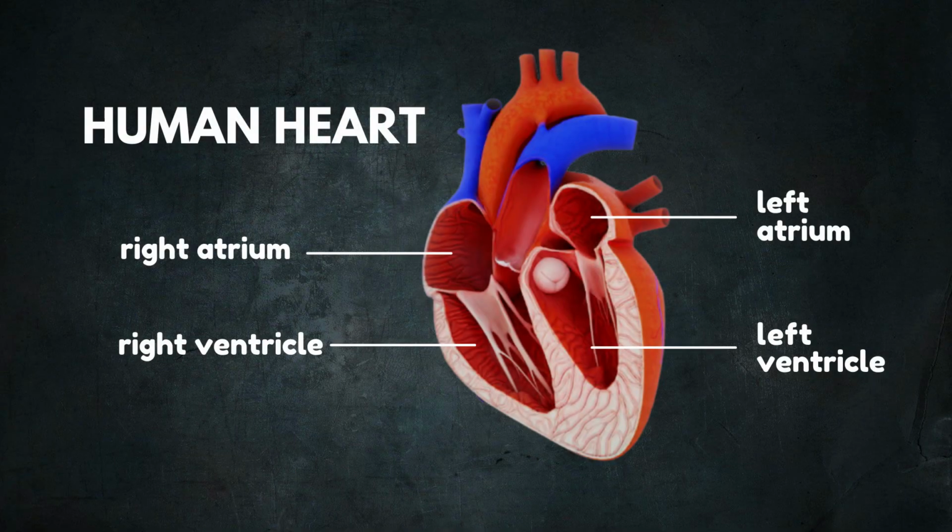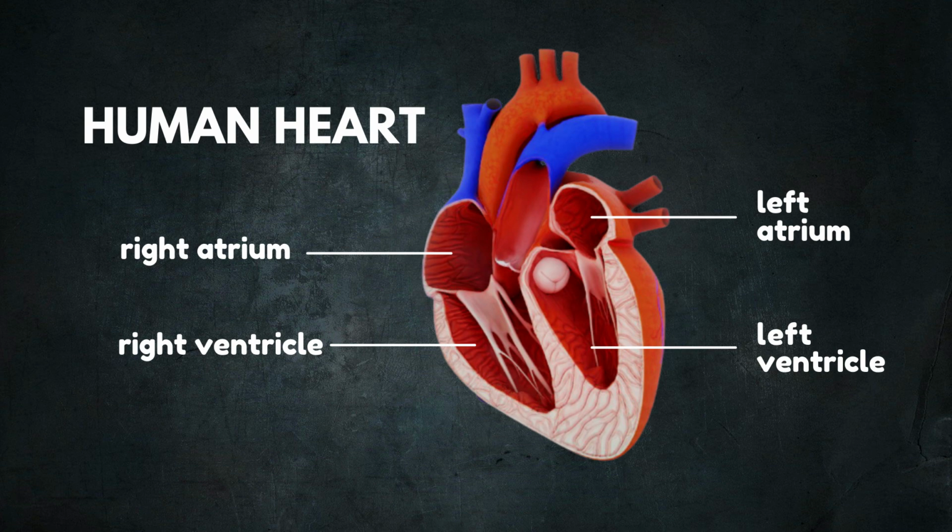The heart has 4 chambers, 2 on top and 2 on bottom. The 2 bottom chambers are the right ventricle and the left ventricle. These pump blood out of the heart.